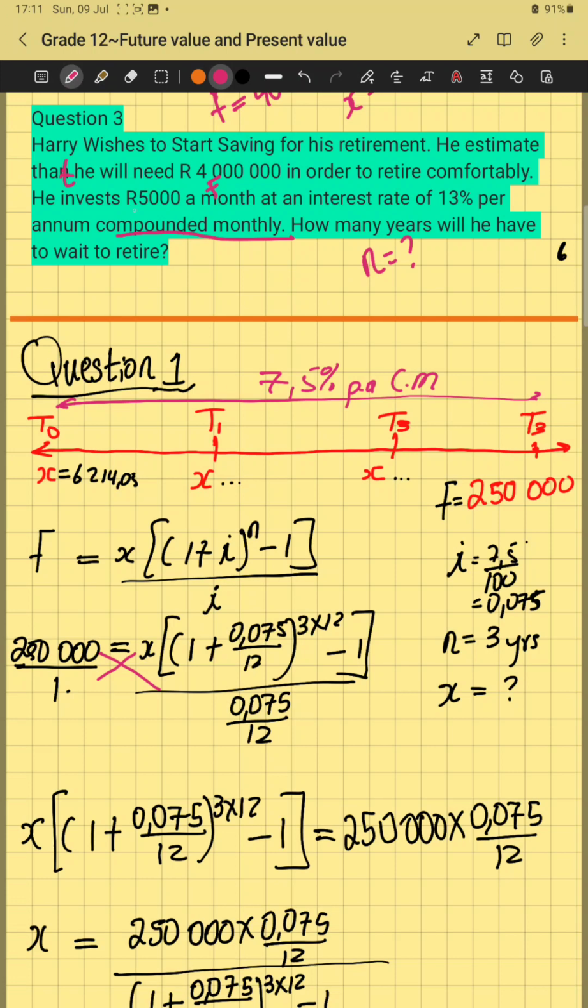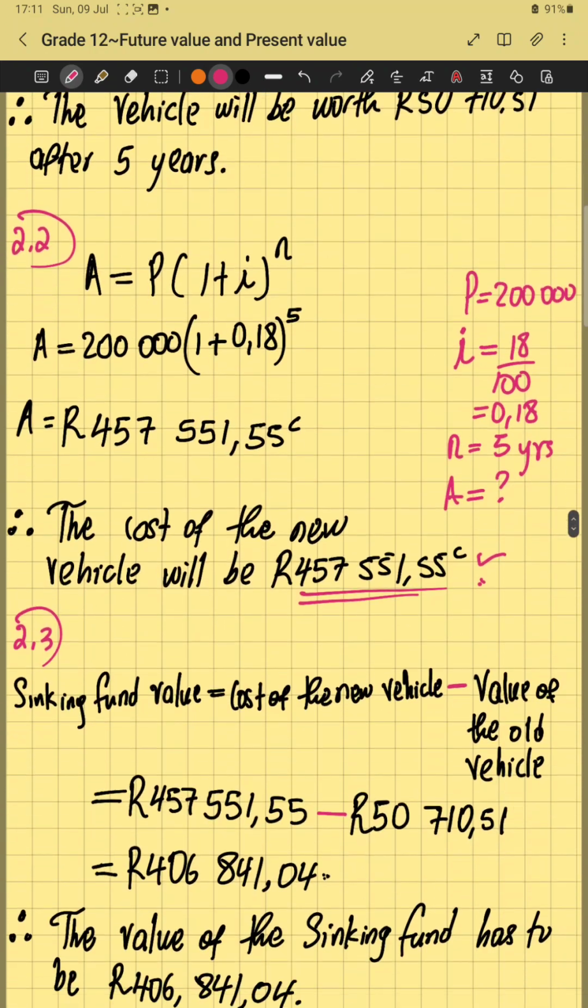Now he invests, that means the payment X is 5,000 a month, and the interest rate, which is i, is 13%. So we're looking for n. So again, we're using the future value formula, because you can hear that he is planning now to have it for the future. So let me write the formula then.